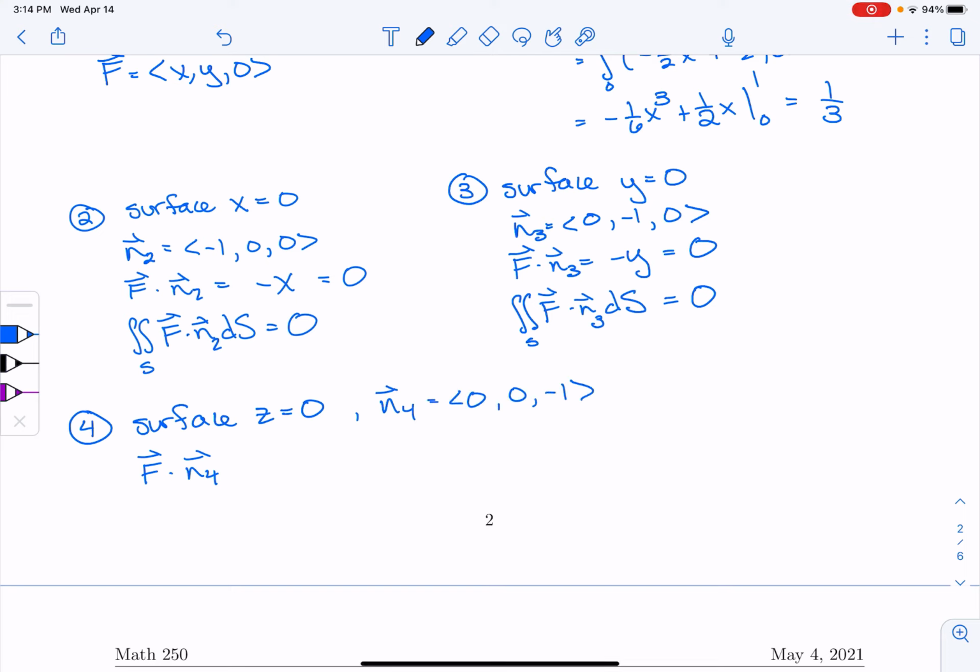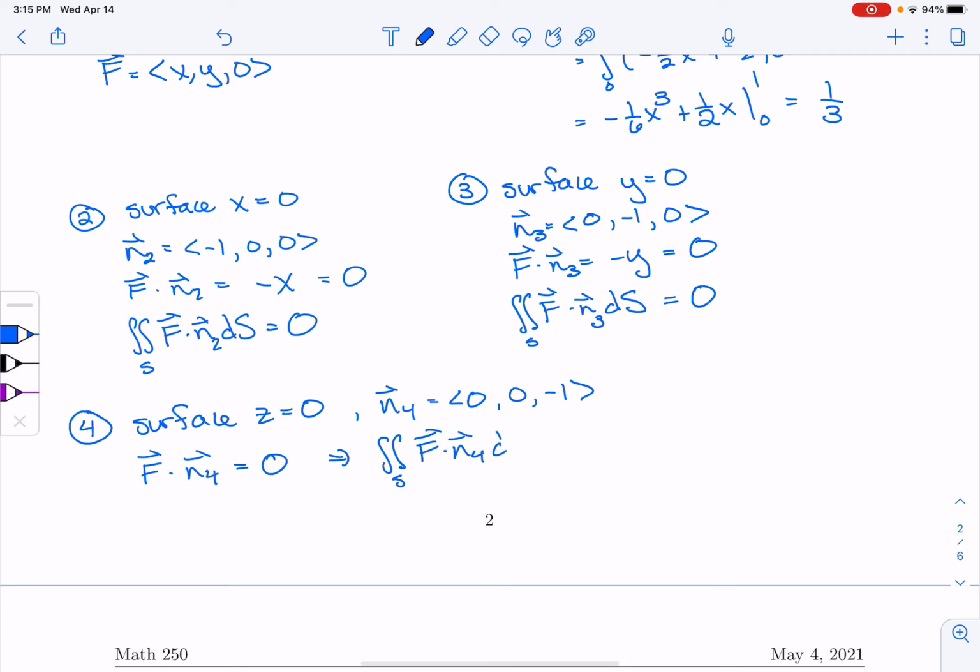It's pointing down. That's the unit normal vector. Then I'm going to get 0 for the dot product. And so that tells me that the flux through the fourth surface of that tetrahedron is in fact 0.